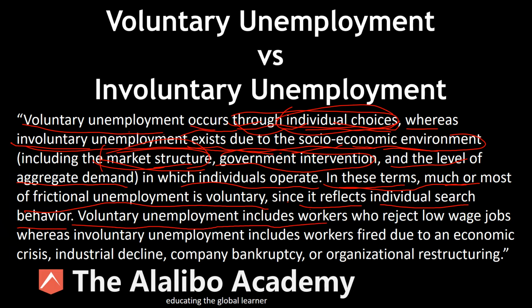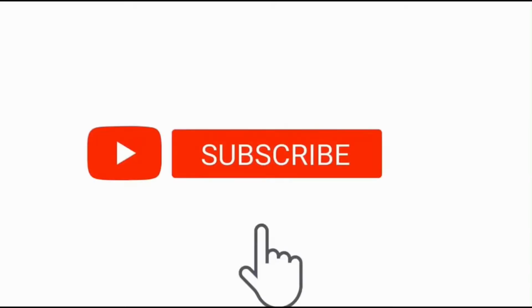All right, but voluntary unemployment also includes workers who reject low wages. There's a job for them, but they just don't want that job because, again, they're not interested in the salary, the income. The wages offered are too low for them. Whereas involuntary unemployment includes workers fired due to economic crisis, right?